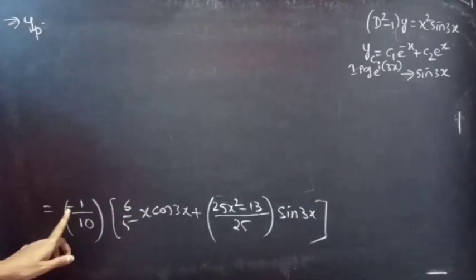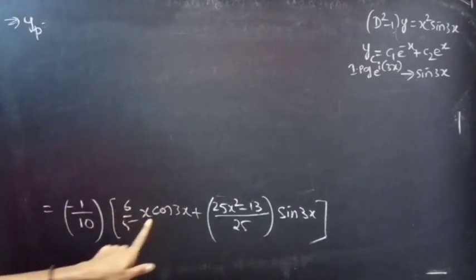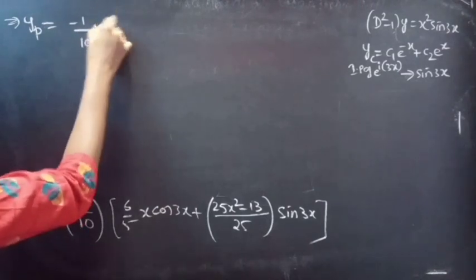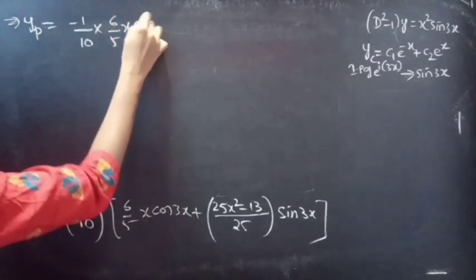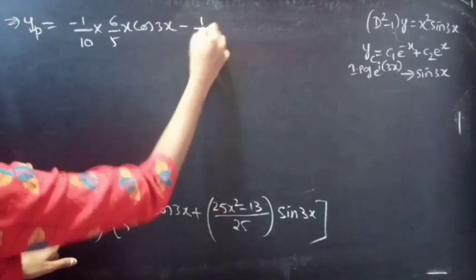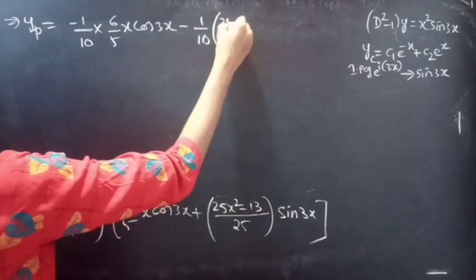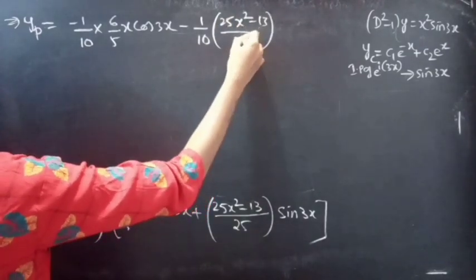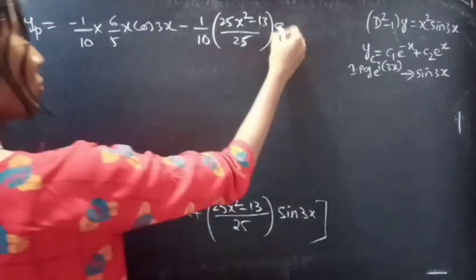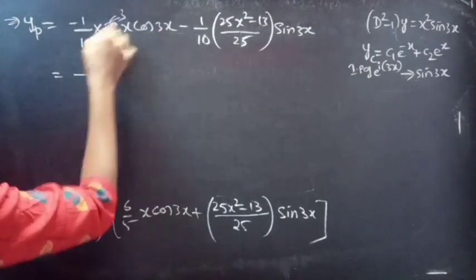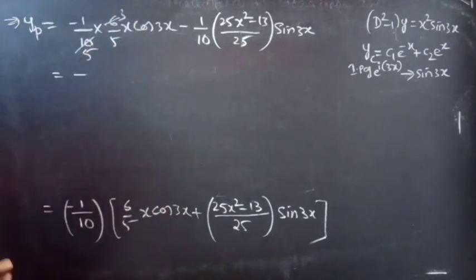yp becomes minus 1 by 10 into 6 by 5 x cos 3x plus minus 1 by 10 into 25x square minus 13 by 25 into sin 3x, which is equals to minus 6... 3 2s are 6, 5 2s are 10, right?